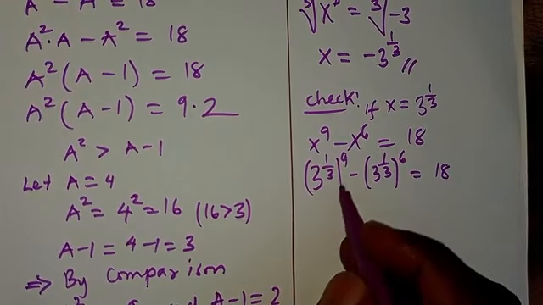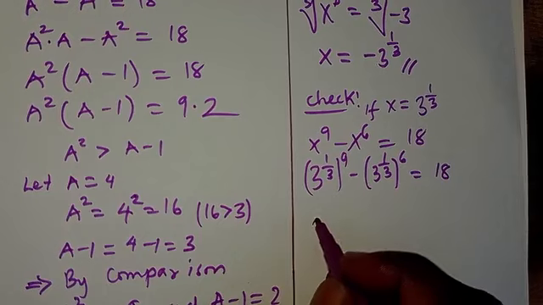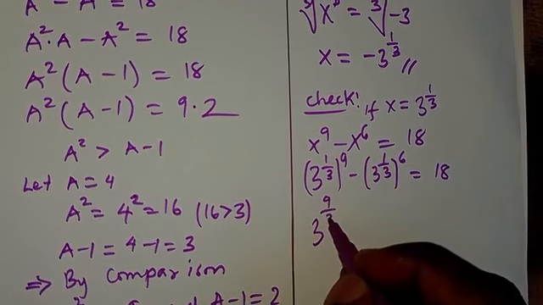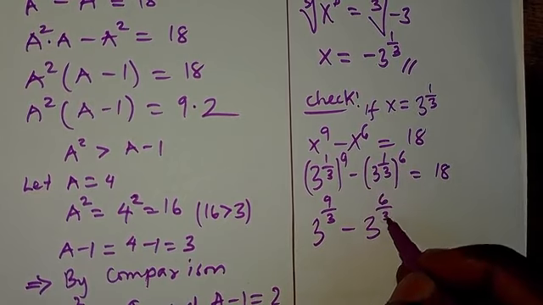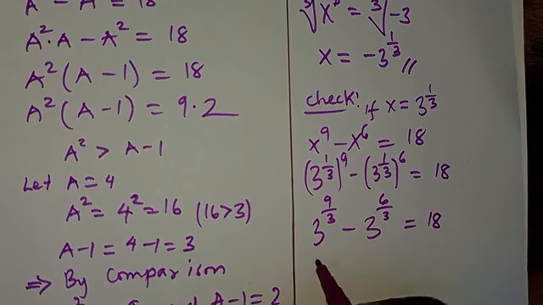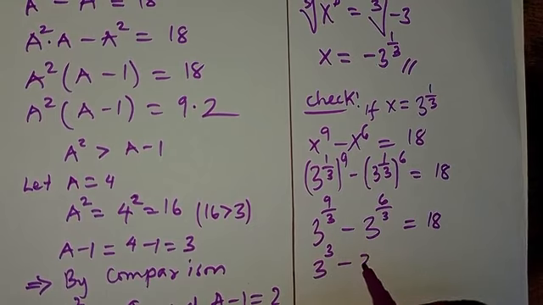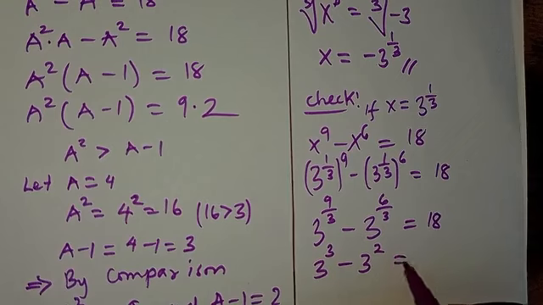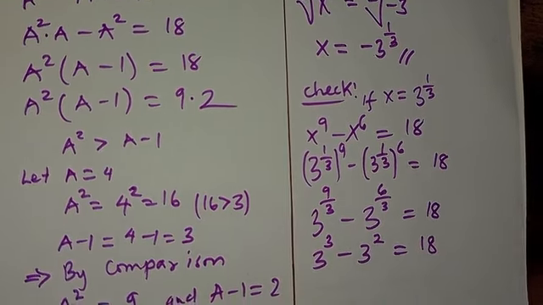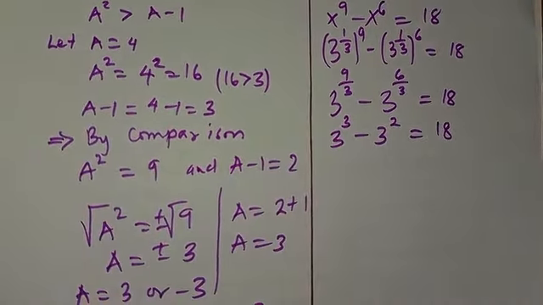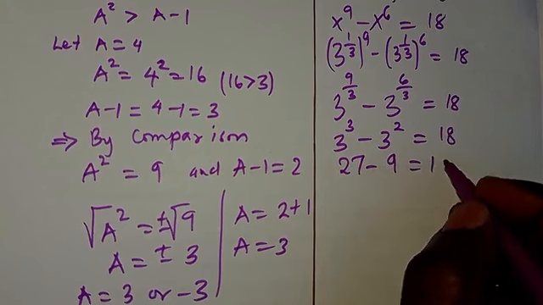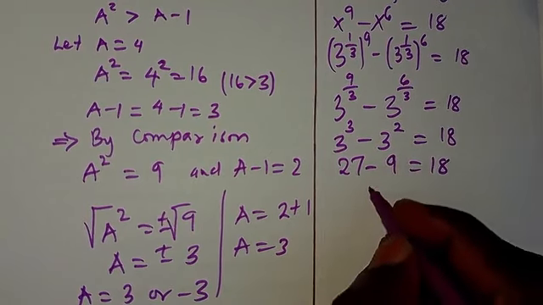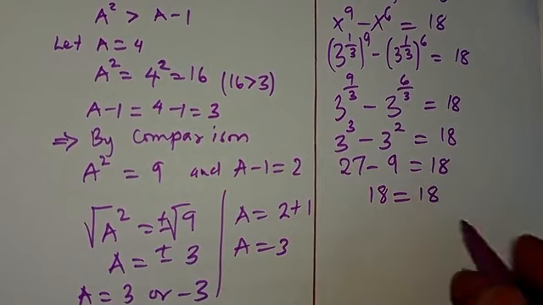From there you can see we multiply the powers: we have 3 to the power 9 over 3 minus 3 to the power 6 over 3 equals 18. 9 divided by 3 is 3, so we have 3 to the power 3 minus 3 to the power 2 (6 divided by 3 is 2) equals 18. 3 to the power 3 gives us 27, minus 3 to the power 2, which gives us 9. 27 minus 9 gives us 18. You can see that we have 18.